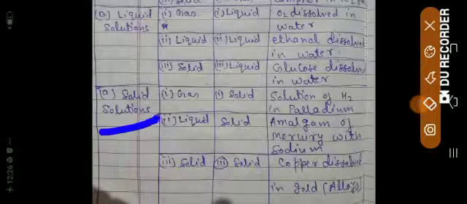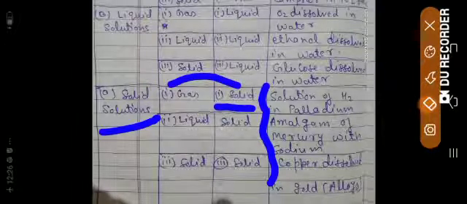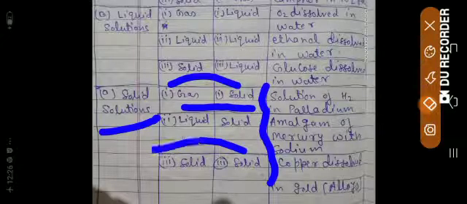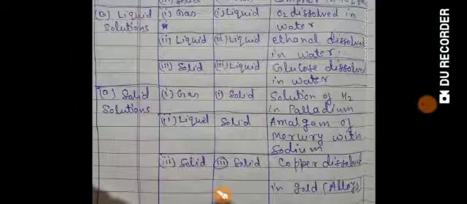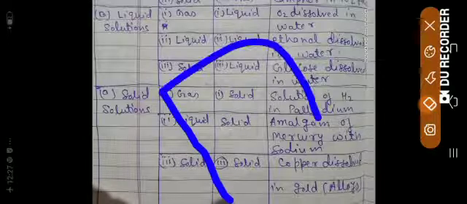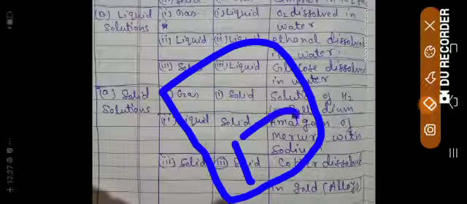Now come to solid solutions. What is a solid solution? In solid solutions, all the solvents are solid. So I'm going to make pairs, one time with gas, then with liquid, then with solid. So solid solvent and the gas is a solute, meaning gas would be in less quantity. Suppose I take a container in which palladium is present.